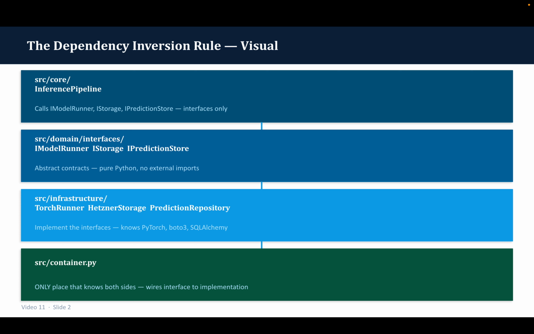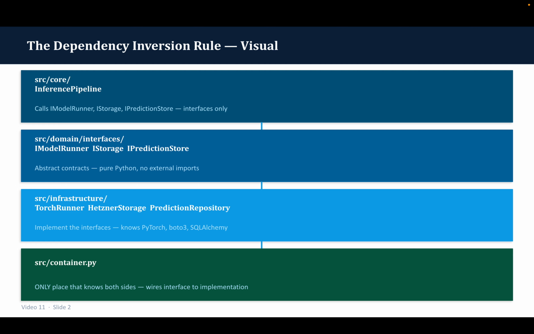We have the interfaces part in domain, which contains abstract contracts, no Python. Our core part depends on the interfaces, so even if you change the actual implementation that inherits your interface, it would not break because you have to align with your interfaces.